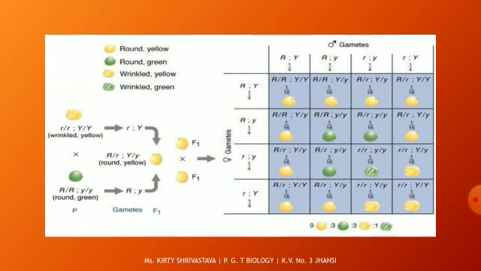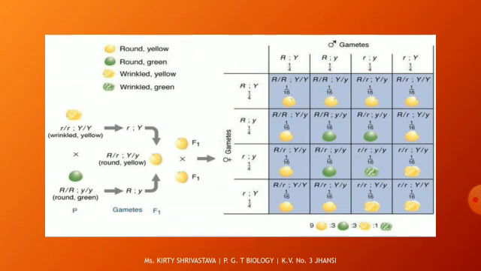Plants raised from round and green seeds had a genotype of R, small y, which produced gametes with the genotype R, small y.